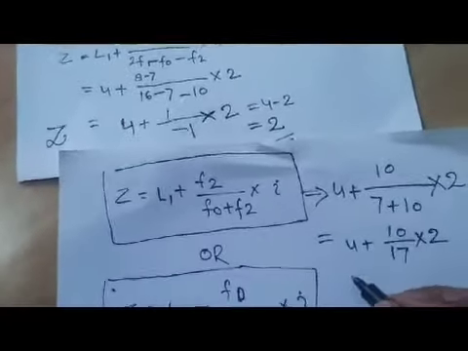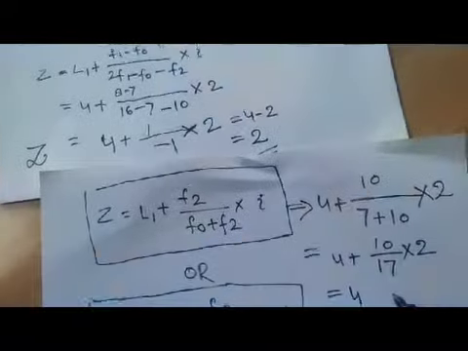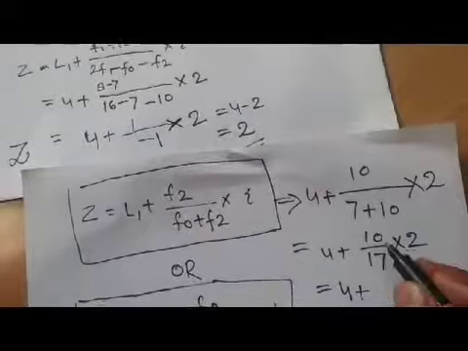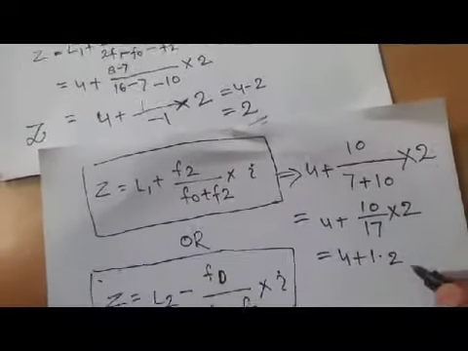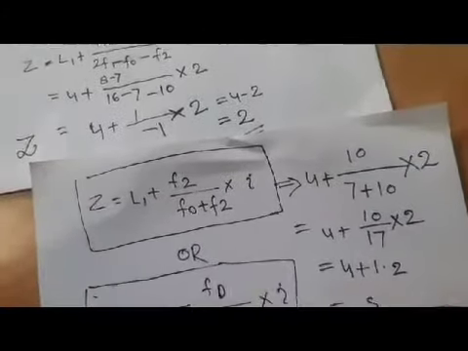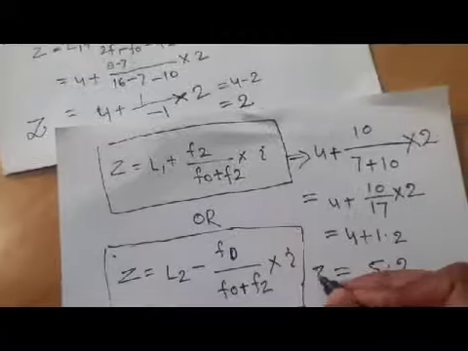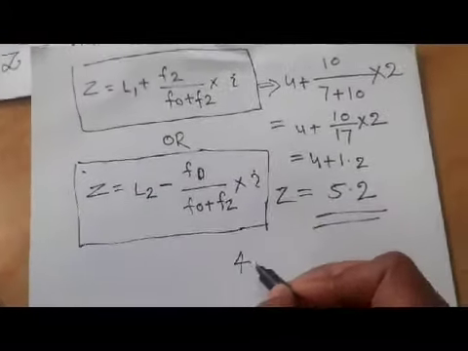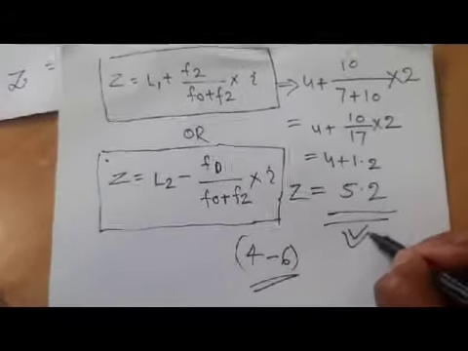If you calculate it, this is almost 1.2. So this gives you 5.2. So here the mode is 5.2, which falls into the modal class, that is 4 to 6. So this is actually the mode.